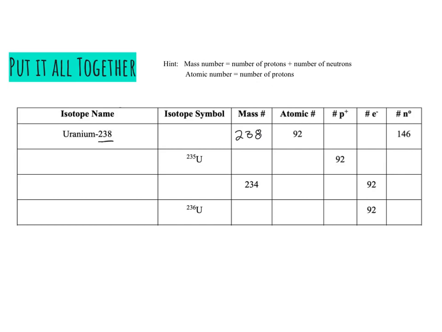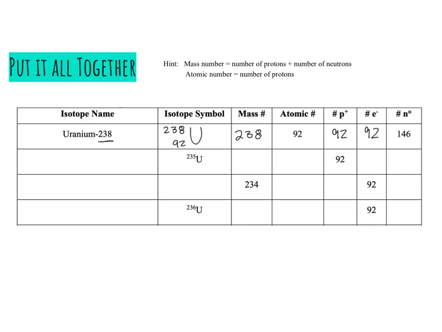Mass number being on top, 238, atomic number on bottom, 92 with U as the symbol for uranium. And now we can go on to find that number of protons and electrons. So here our number of protons will be the same as our atomic number, 92. And if it's a neutral atom, it's going to also have 92 electrons.